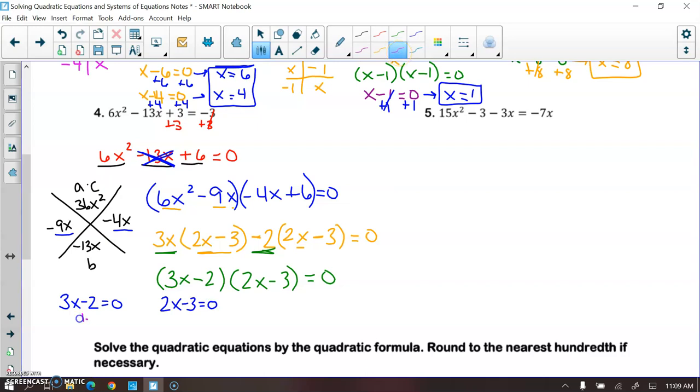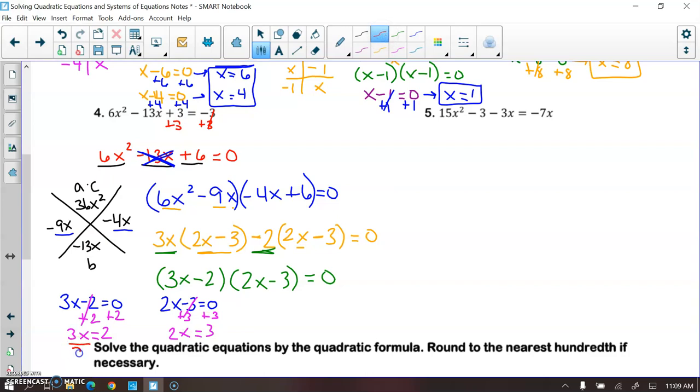So, in my first one, I'm going to add 2 to both sides. I'm going to have a 3x is equal to a 2. In my second one, I add 3 to both sides, and I wind up with a 2x is equal to a 3.